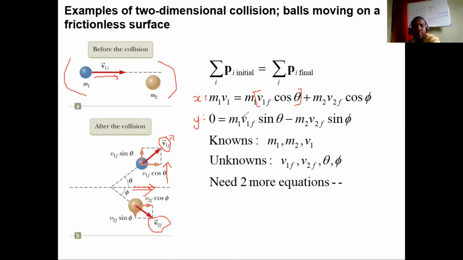That's sine, so that is v1f sine theta, and that gives us your y component velocity for the blue ball. Plus, now we see that this is negative because this y component is acting downwards, and going down means your velocity is negative.